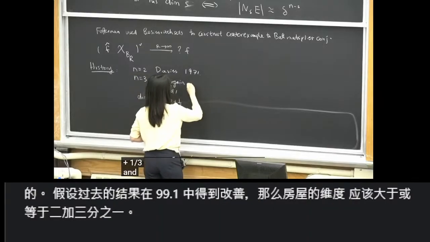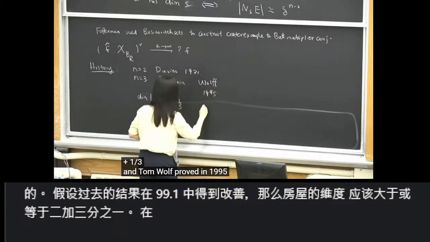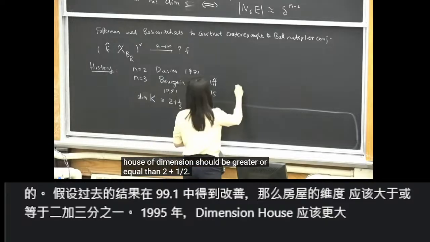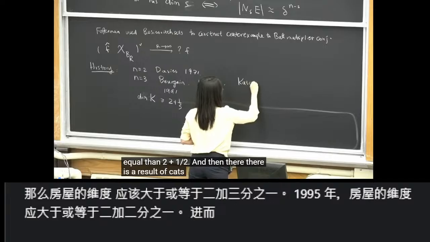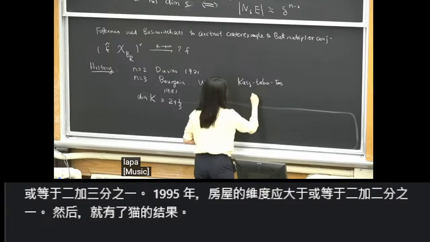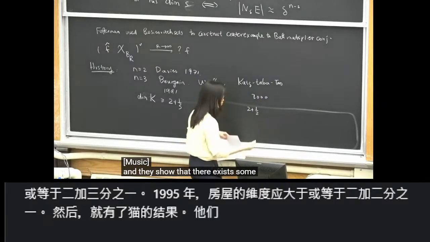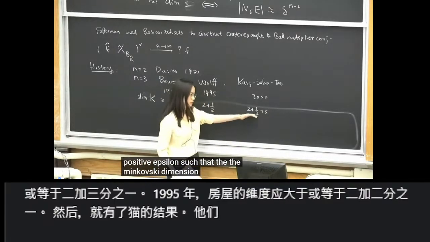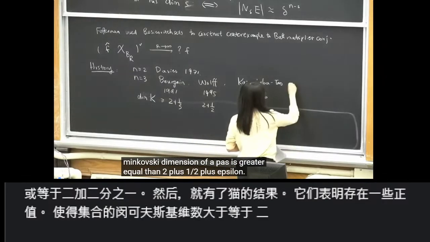And Tom Wolff proved in 1995 that the Hausdorff dimension should be greater than or equal to 2 plus 1/2. And then there is a result of Katz, Laba, and Tao. They show that there exists some positive epsilon such that the Minkowski dimension of a Kakeya set is greater than or equal to 2 plus 1/2 plus epsilon.